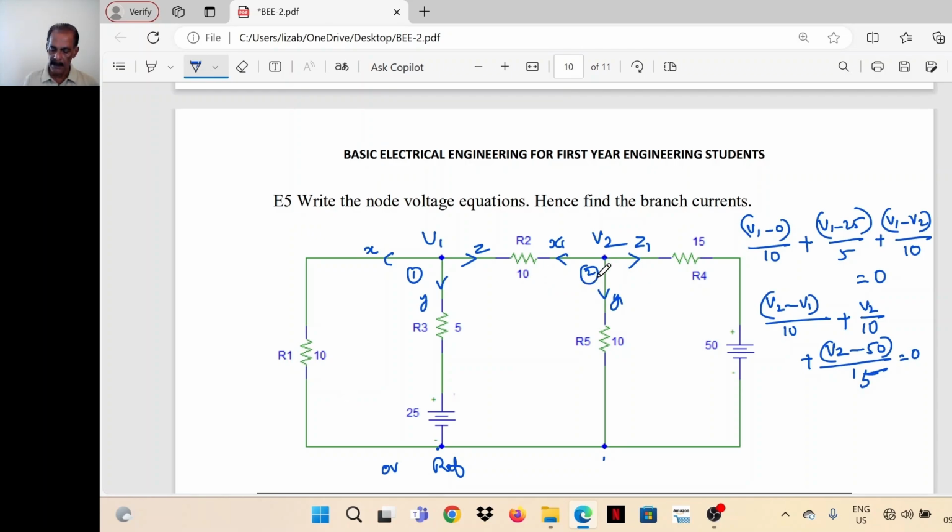Next, the second node equation. X1 is V2 minus V1 divided by 10, that is this one. Then Y1 is V2 minus 0 divided by 10, or V2 by 10. Z1 is equal to V2 minus 50 divided by 15.